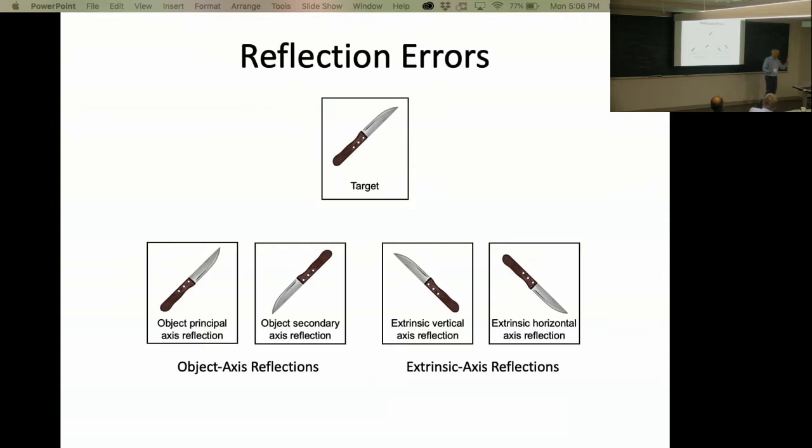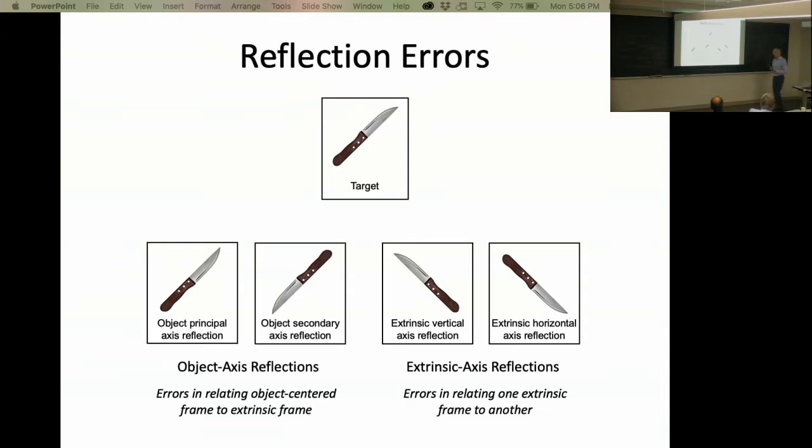See? This is not going to end well, I can tell you. All right. Okay, so the object axis reflections I've already described, I said, we would expect those to result from errors in relating the object-centered frame to an extrinsic frame. And these extrinsic axis reflections, I'll suggest, will occur if there are errors in relating one extrinsic frame to another.